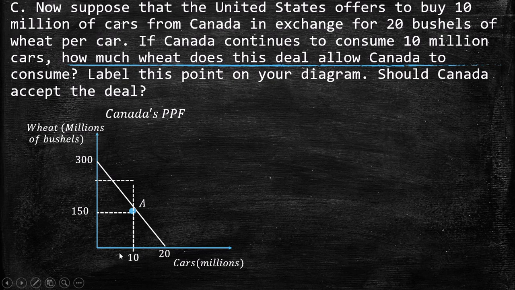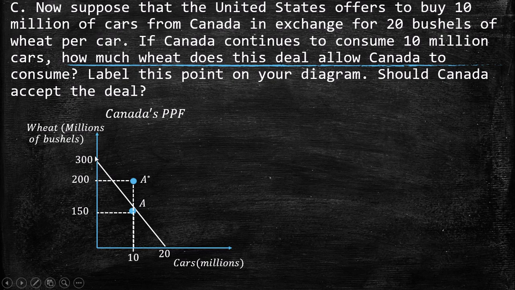They are still consuming 10 million cars, and in addition they are going to receive 20 bushels of wheat per car. So it's going to be 20 times 10, which is 200. So this is going to be the wheat consumption of Canada. We see here that they change their position from A to A star.